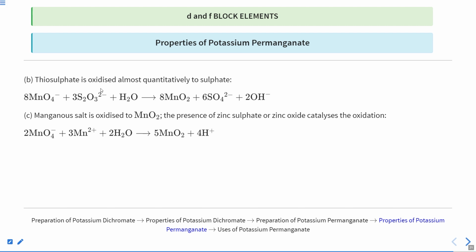Similarly, thiosulfate is getting converted to sulfate. So S2O3 2 minus is getting converted to sulfate in the presence of MnO4 minus. And Mn2 plus is getting converted to MnO2. Manganese salt is oxidized to MnO2.